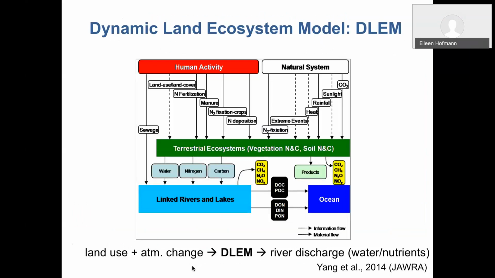This starts with what goes on in the watersheds of the various estuaries, processes the nitrogen and the carbon, if you will, and then brings that down the rivers and into the estuarine system. So it looks at land use and atmospheric changes through the dynamic land ecosystem model, and then the river discharge for freshwater balance and also nutrients.